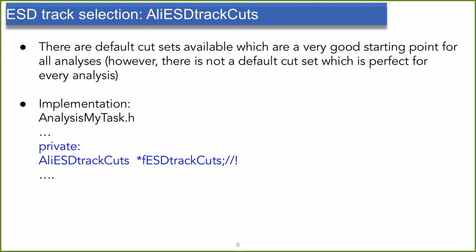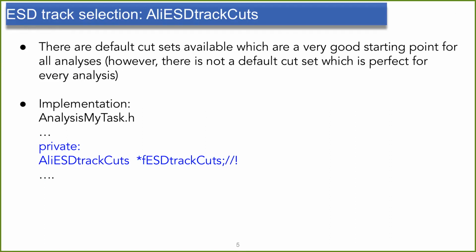Although depending upon our analysis, one may need to use some additional cut or some stricter condition on the track variable. But for the starting point, one can always start with some default cut that is already defined in the AliESDtrackCuts.